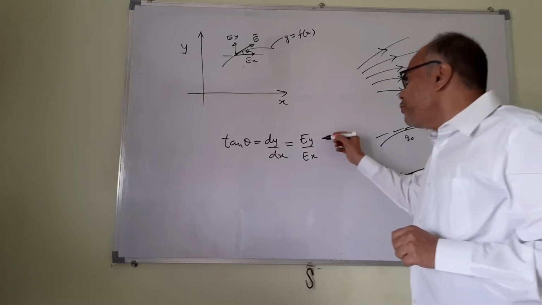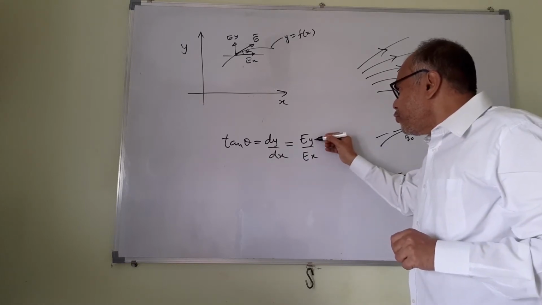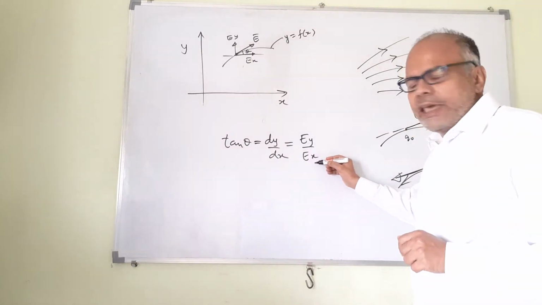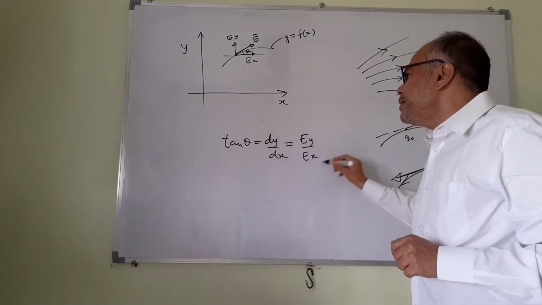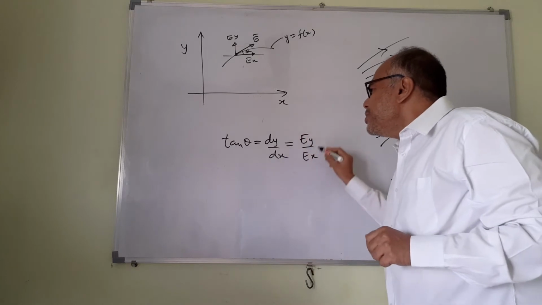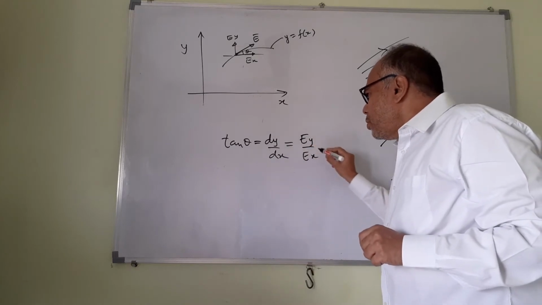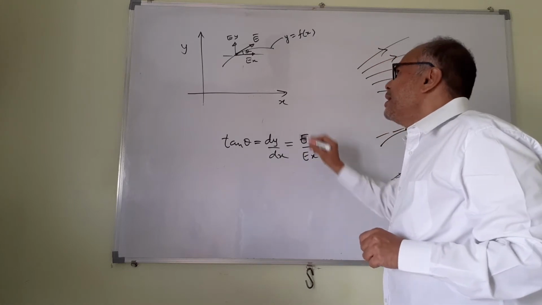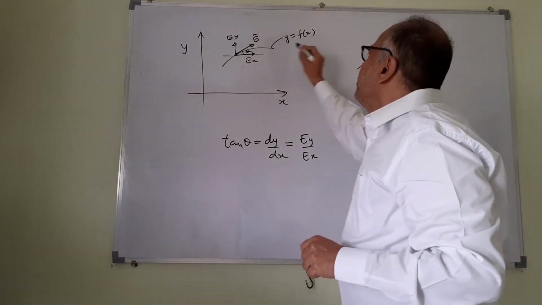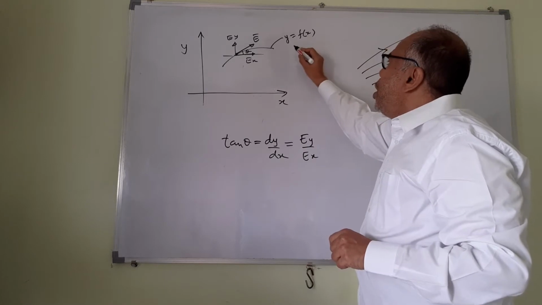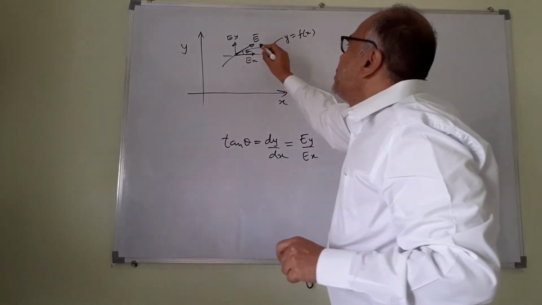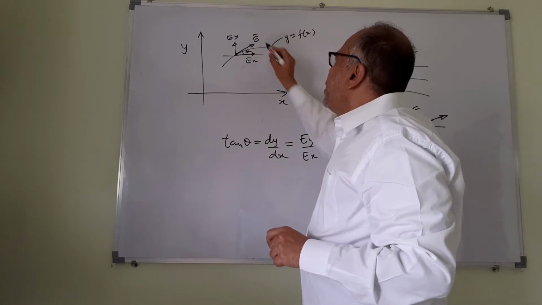So if you knew the y component as a function of x and y and the x component as a function of x and y, we could integrate this and find the relation between y and x, and hence we will know the equation of the curve. In fact, we can determine how the line of force will be if we knew how the electric field is defined at every point.